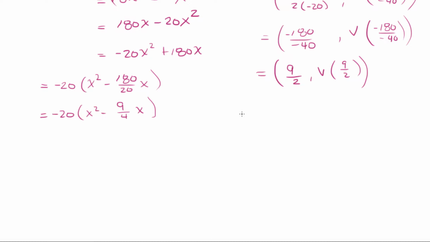Now we do our b over 2 squared because we're completing the square.